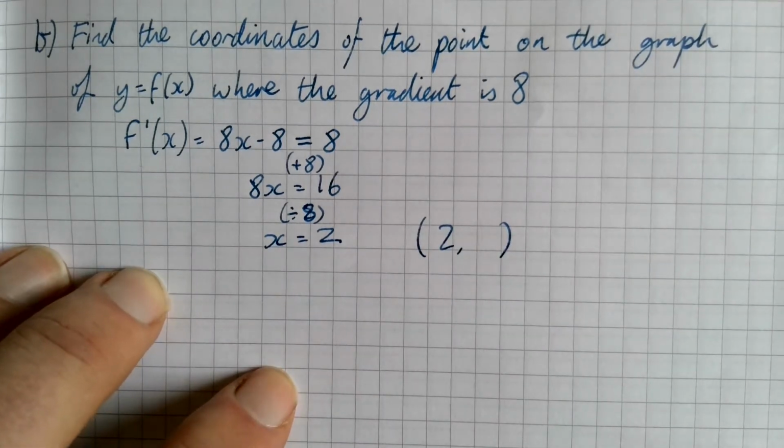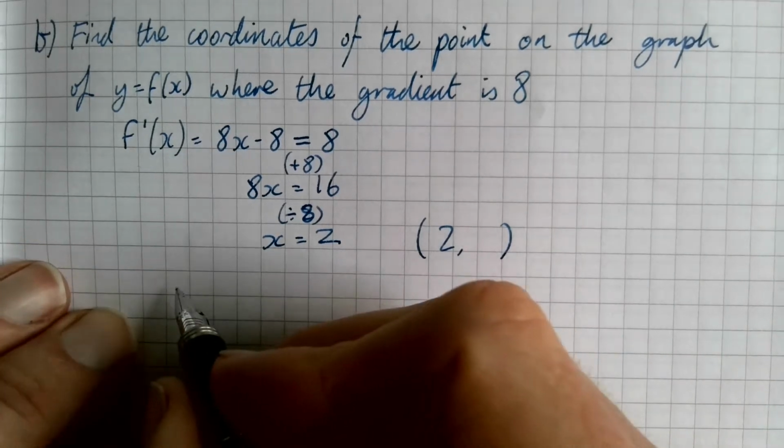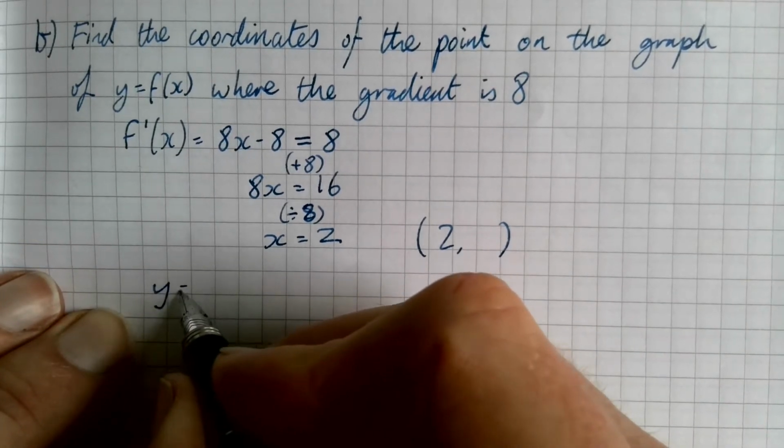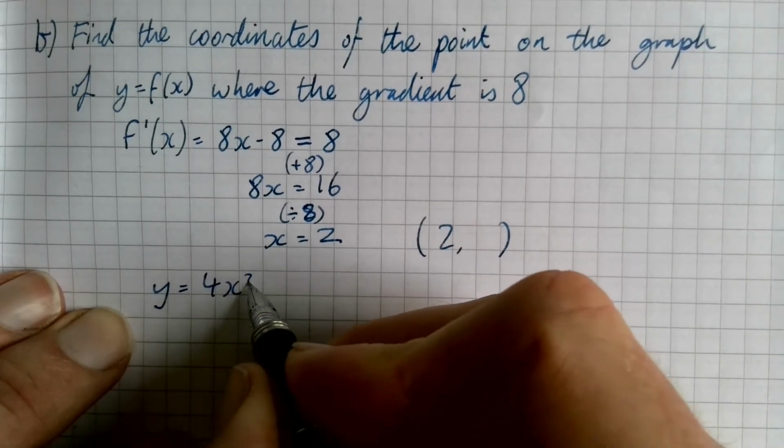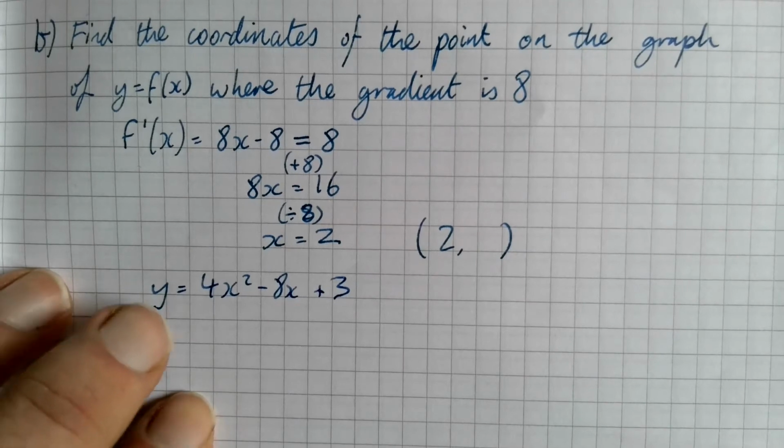So to find what y was, we go back to the original equation we had, which would have to be y equals 4x squared minus 8x plus 3, because that's what they said f of x was.